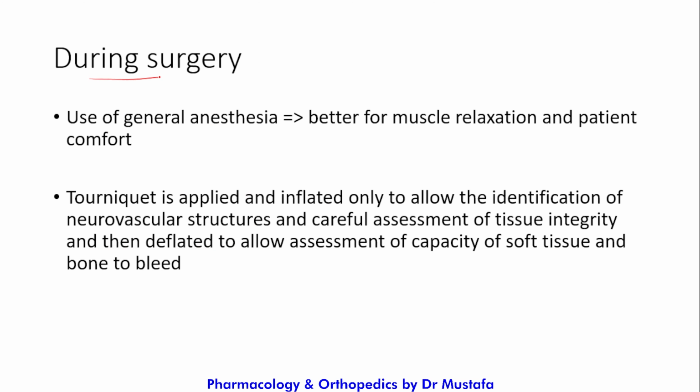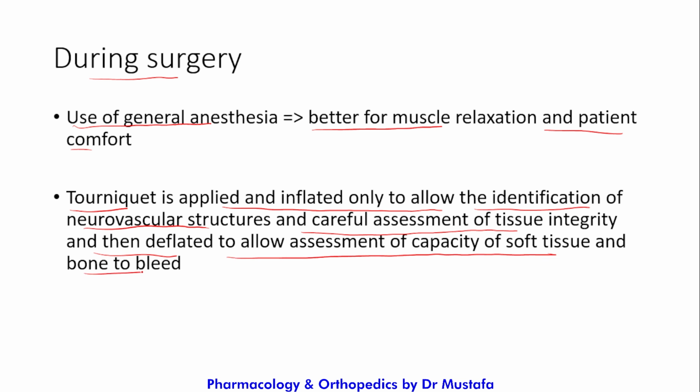So during surgery, we use general anesthesia. It is better for muscle relaxation, and it is better for the patient's comfort. And we apply tourniquets and inflate them only to allow the identification of neurovascular structures and careful assessment of tissue integrity, and then deflate to allow assessment of the capacity of the soft tissue and bone to bleed.